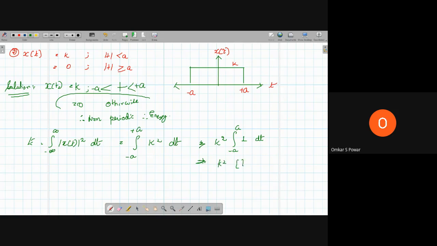Integral of 1 is t, which varies between minus a to plus a. Now this is equal to k square into a, minus of minus is plus, so 2a into k square. So this is how you solve the problem. Then we will solve some more problems so that you'll get a better idea. Okay.